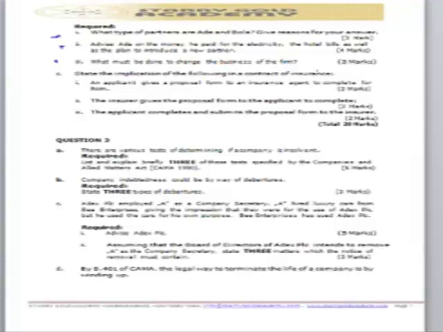So let's look at question number 3. This question says there are various tests of determining if a company is insolvent, and it says list and explain 3 of these tests specified by the Companies and Allied Matters Act.